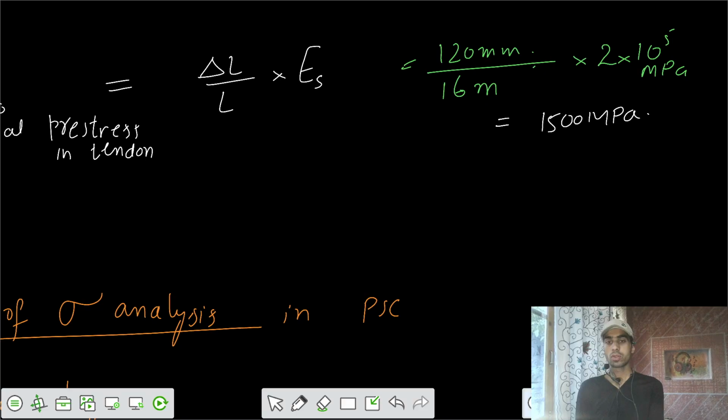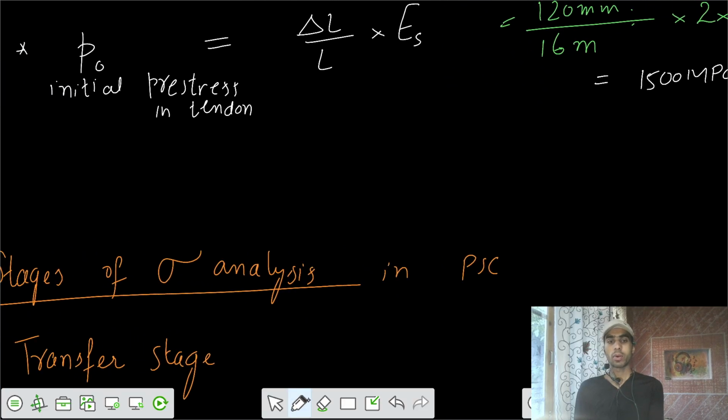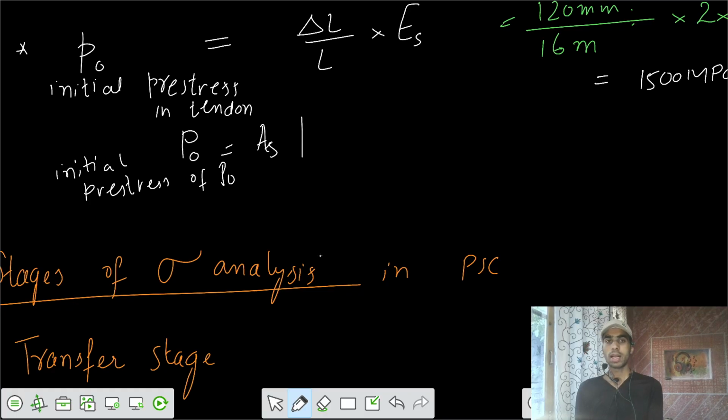What is the total force developed because of this initial pre-stress? The initial pre-stress force P naught equals the area of the steel wires times the stress in the steel wires.